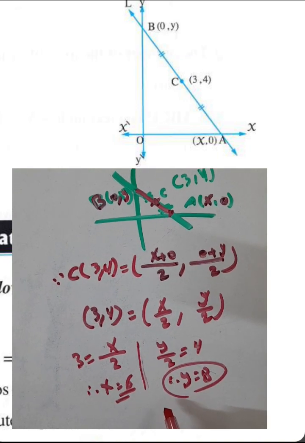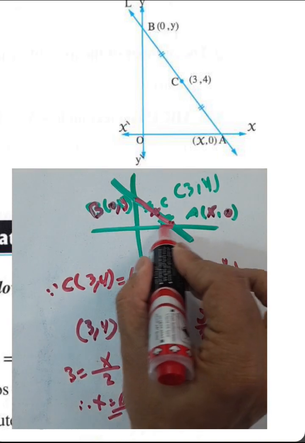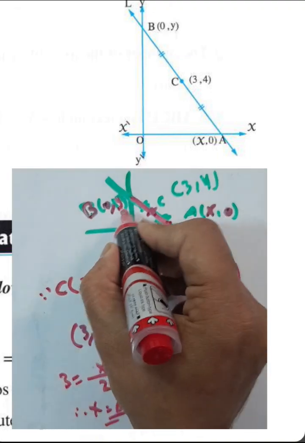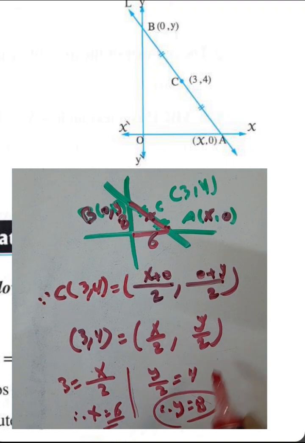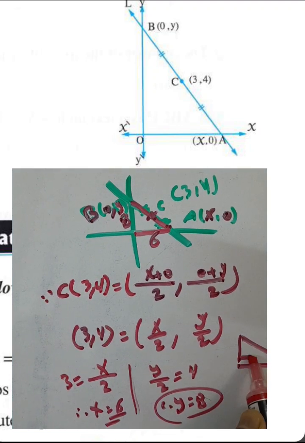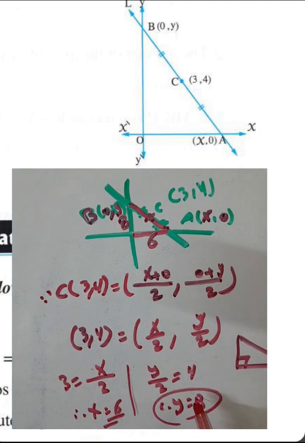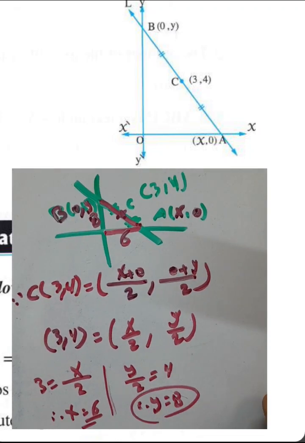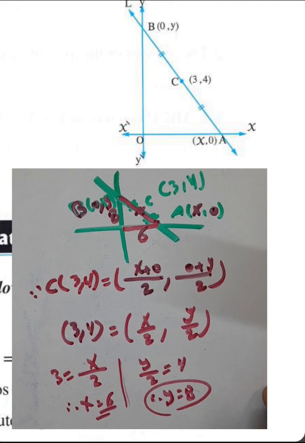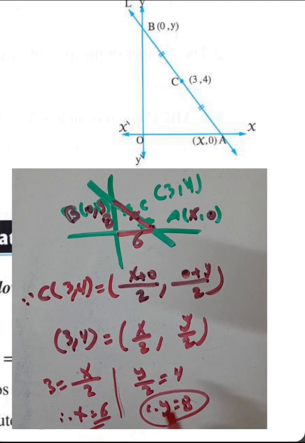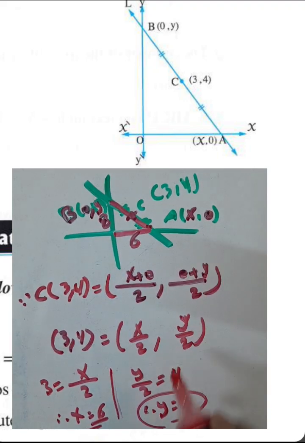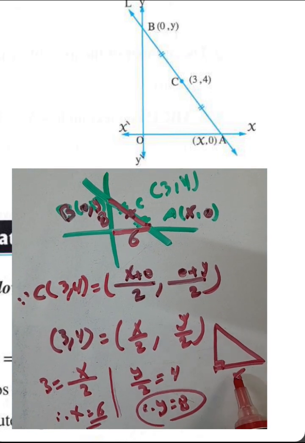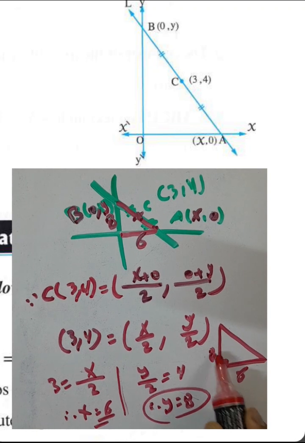Then you can write the length of this part will be 6 lengths, and the length of this part will be 8 lengths. And then we have here a right angle triangle. And we can write the length of the hypotenuse here to find the perimeter. We can find the length of AB by using the theorem of Pythagoras. This side length 6 and this side length 8 lengths.